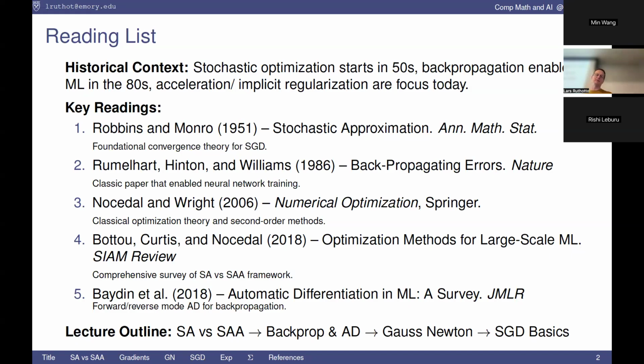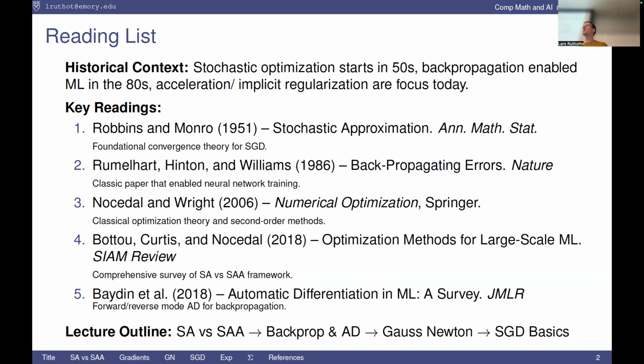But the really big revolutions in terms of machine learning happened when people figured out backpropagation, basically the chain rule, and applied it to neural networks in about the 80s. And today, most of the work still happening in that area is about acceleration and implicit regularization in these stochastic methods. And the problem is inherently stochastic, the way we set it up.